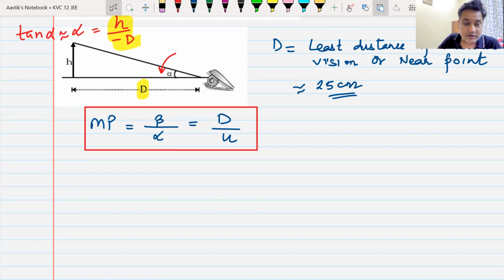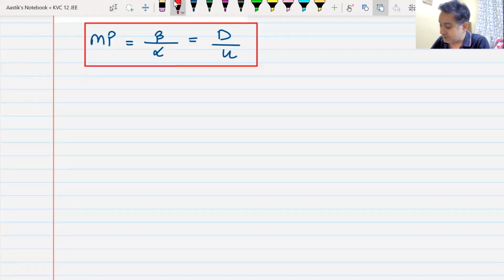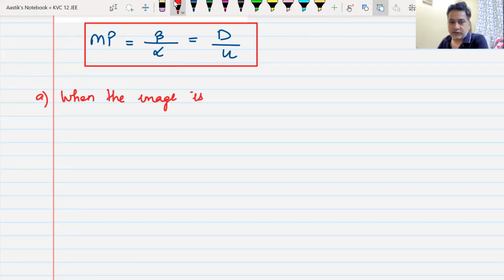Now, whenever we talk about the magnifying power of any optical instrument, microscope or telescope, we will find it out in two different cases. What are the two different cases? The first case is when the image is formed at infinity.